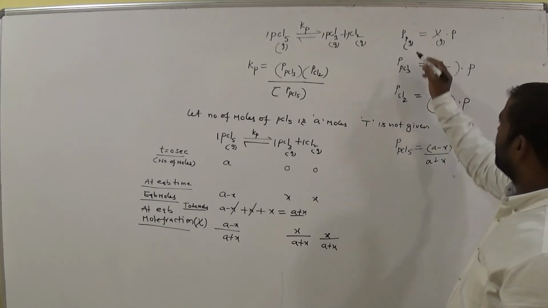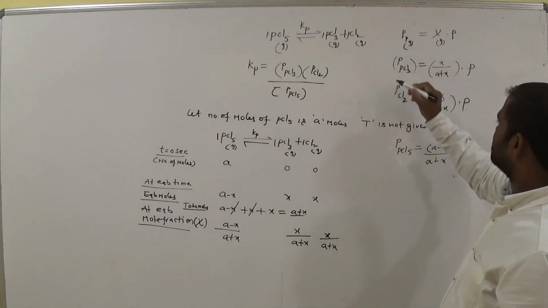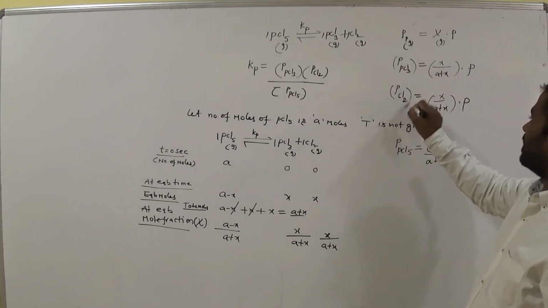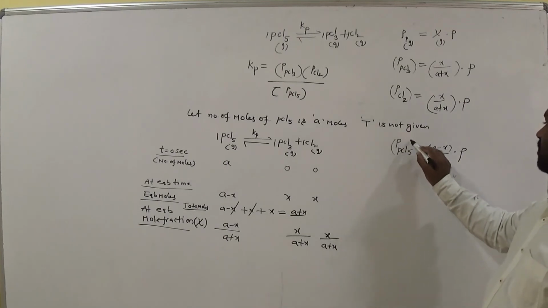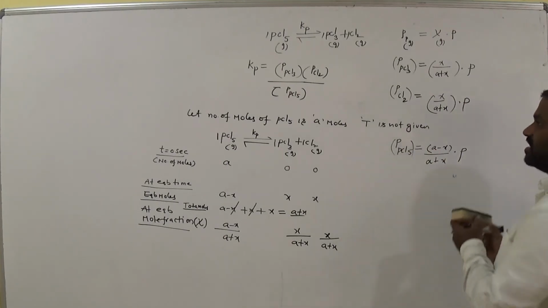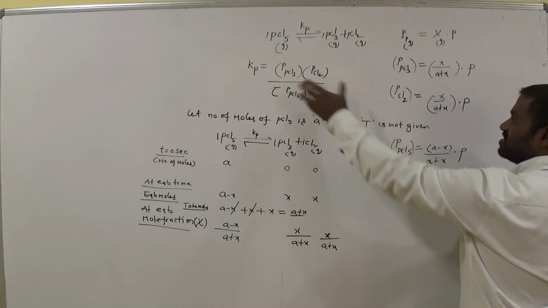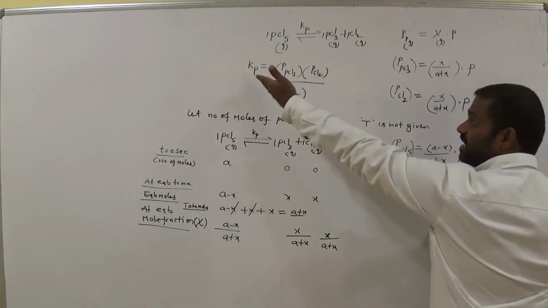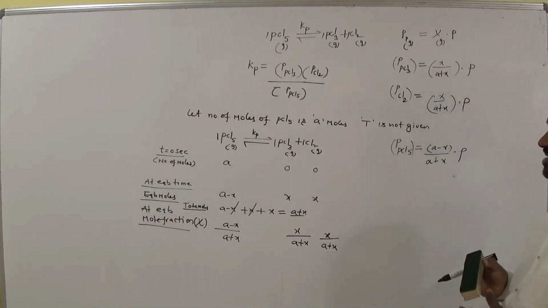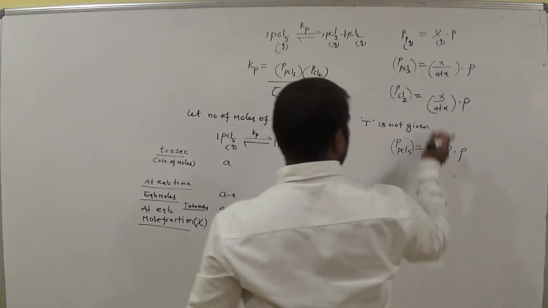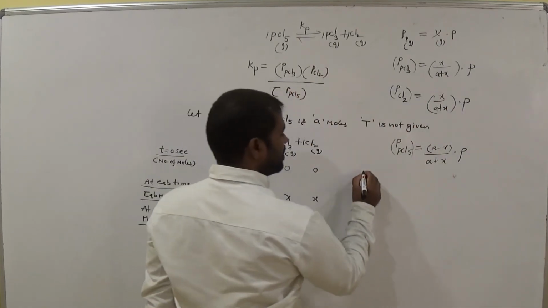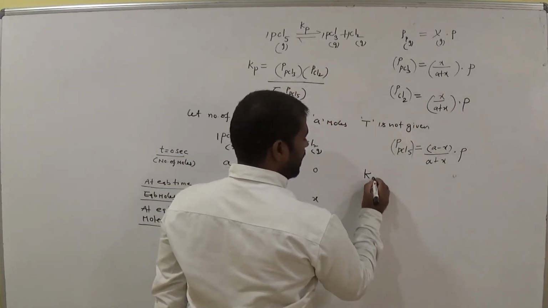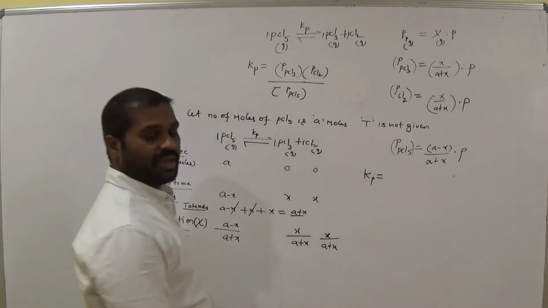So now we get the partial pressure of PCl3, the partial pressure of Cl2, and the partial pressure of PCl5. Now we know all these values. Can we calculate Kp or not? Yes. So keep all these values in the expression, then Kp equals how much?